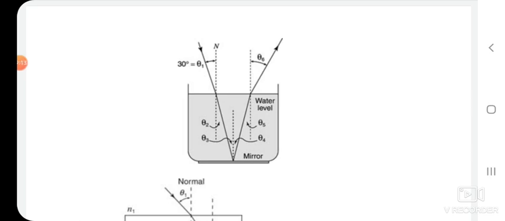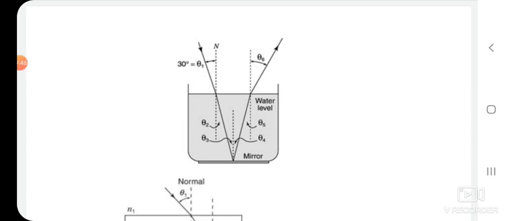By geometry, theta 6 is related to theta 5. By Snell's law, in the same ratio, theta 1 is related with theta 2, theta 3 with theta 4, theta 4 with theta 5, and theta 5 with theta 6.